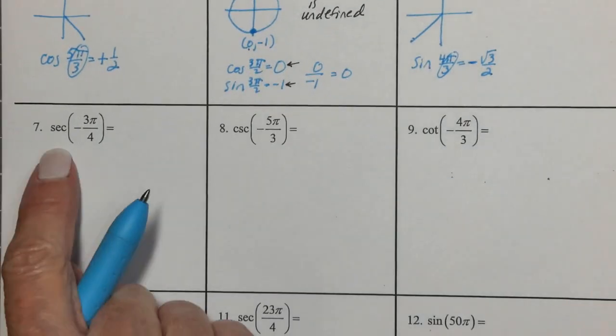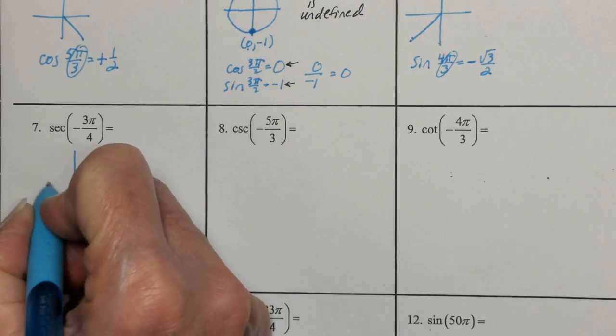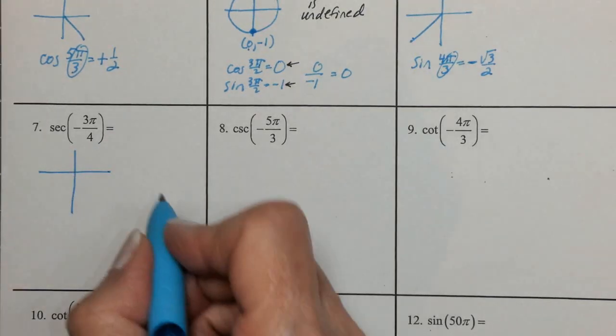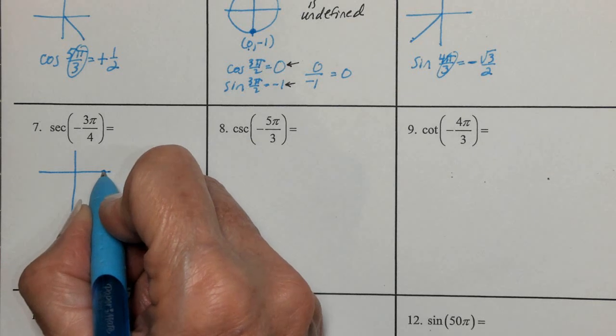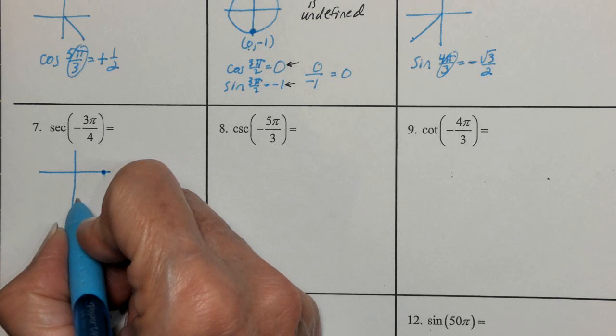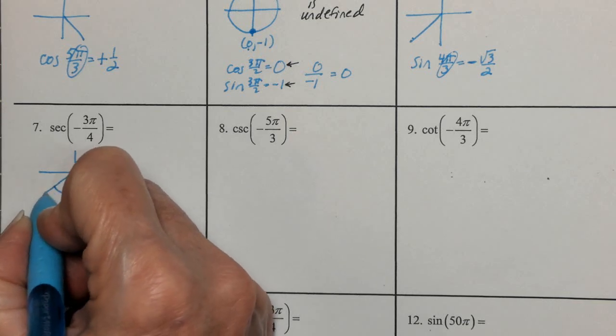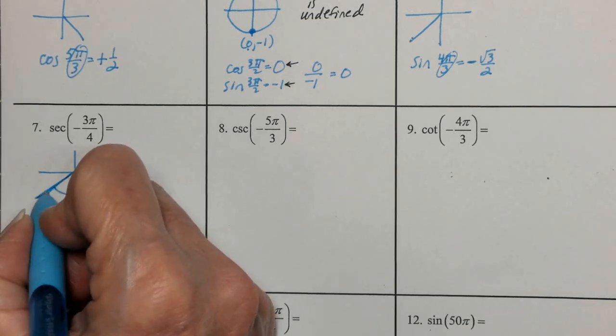Next up, secant of negative 3 pi over 4. So what quadrant is negative 3 pi over 4 in? If we start here at 0 and go backwards, here we would be at negative pi over 2. Negative 3 pi over 4 would be over here in quadrant 3.